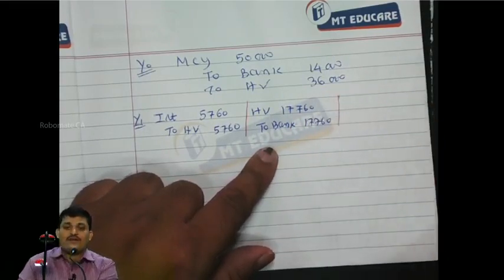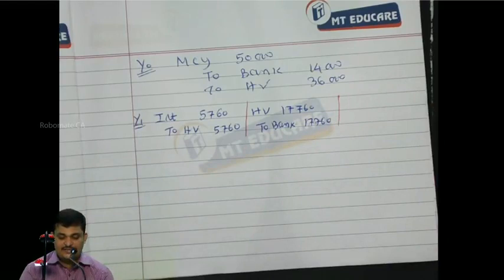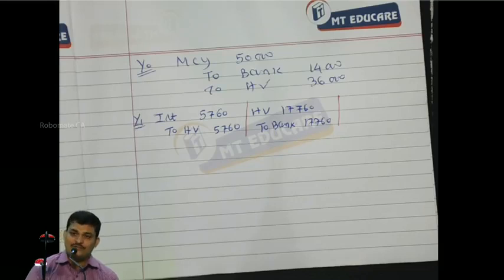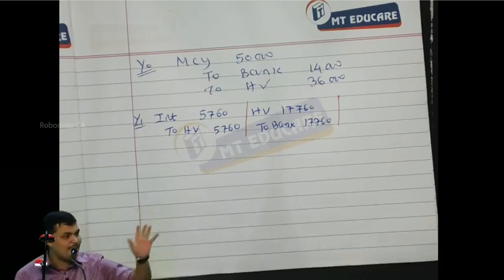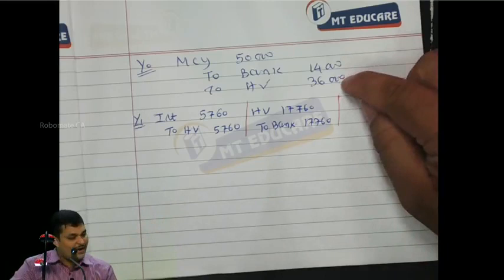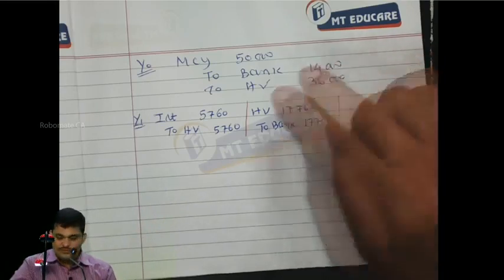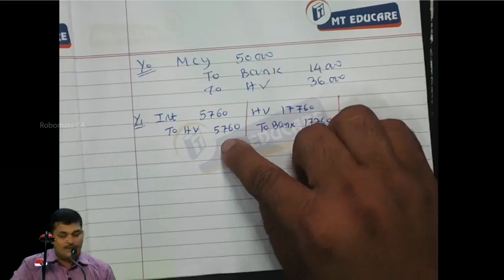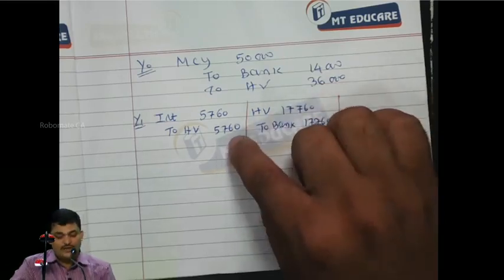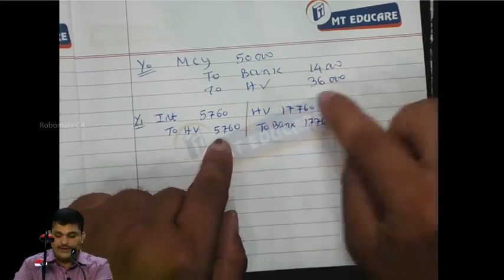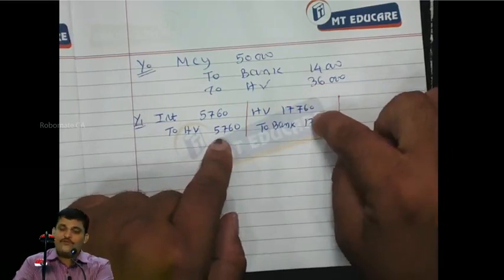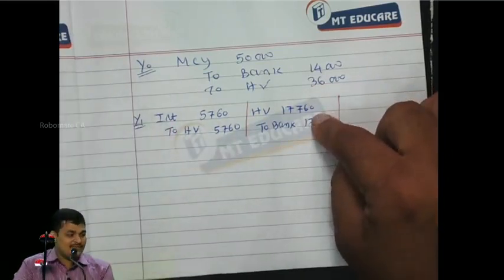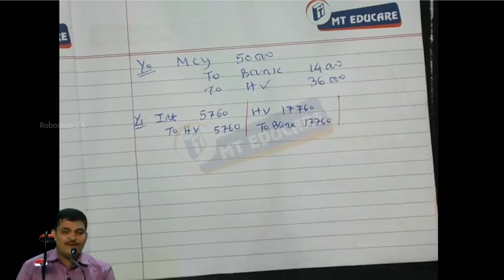So thereby 41,760 minus 17,760, again the principal will become 24,000. Accounts will have the effect like this. You had a principal of 36,000. You charged interest, so it has become 41,760. You paid 17,760, so now it will become 24,000.